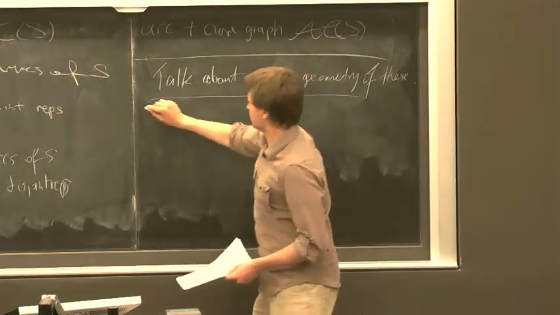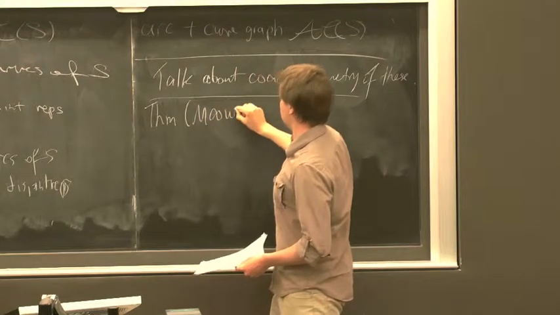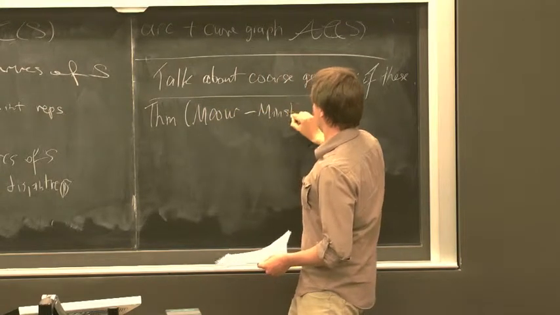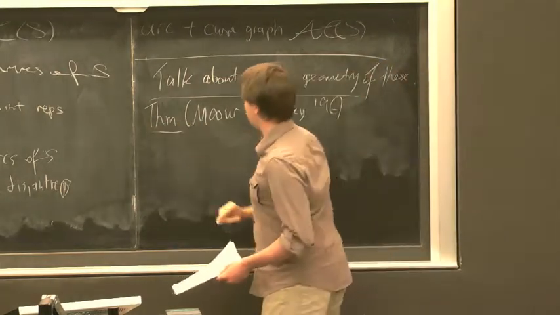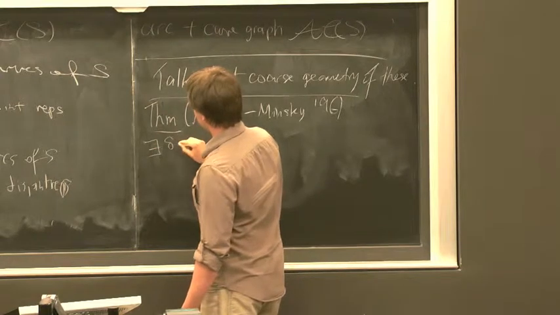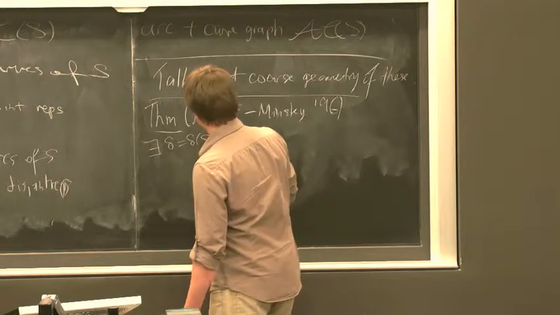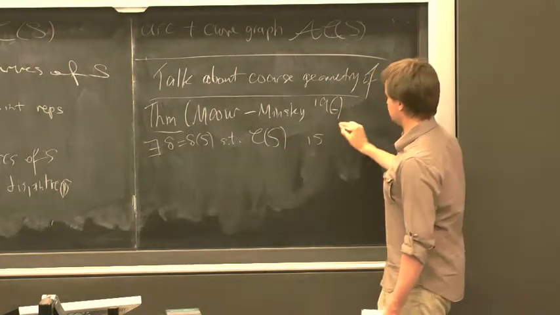The first theorem I'm going to discuss in the first half of the talk is due to Masur and Minsky. The first draft of this result came out in 1996. It states that there exists a delta that depends on S such that the curve graph is delta hyperbolic.